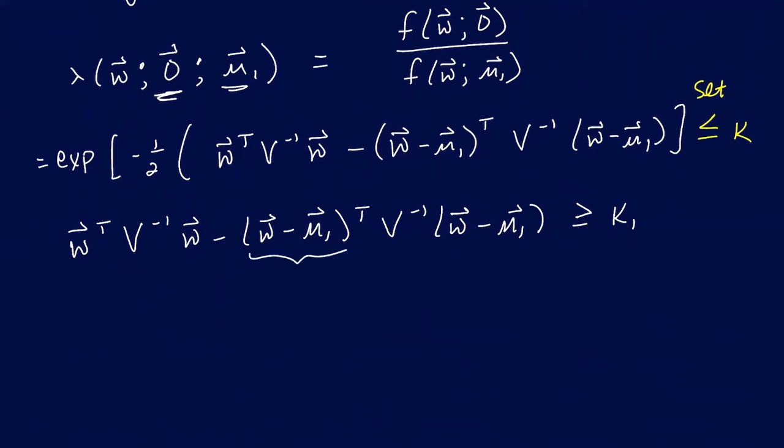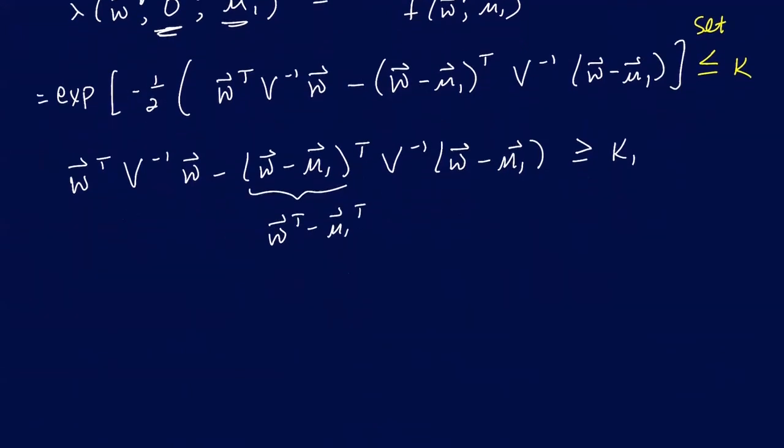This vector, I can put the transpose on each of these, and then I can kind of multiply this stuff out.